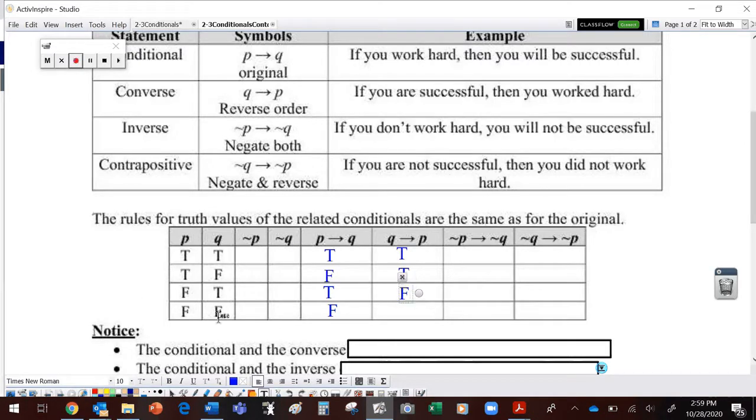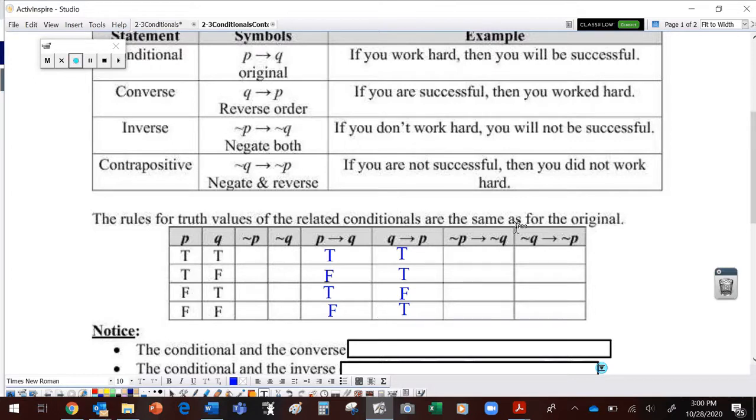Then we have the hypothesis is false, and if the hypothesis is false, it does not matter what happens with the conclusion. If the hypothesis is false, then the entire conditional is true. So what we can see here is that the original, the conditional statement, and the converse do not necessarily all have the same truth values. We're going to come back to that a little bit later on.